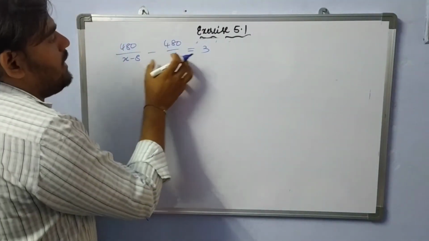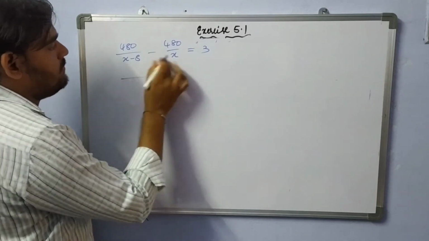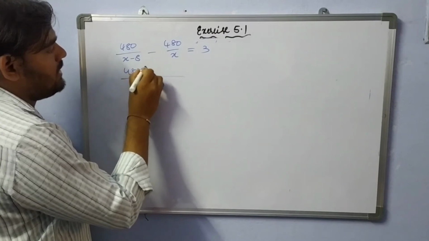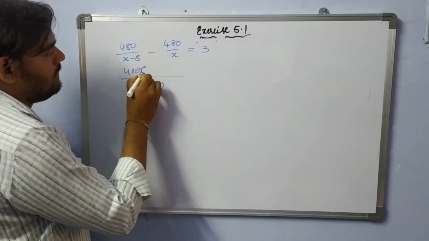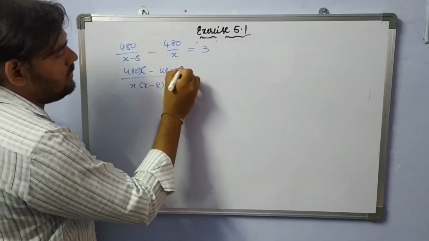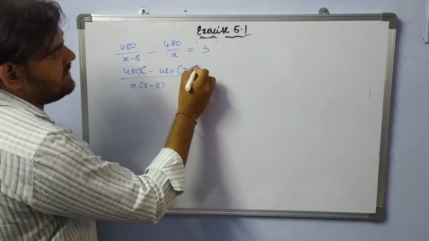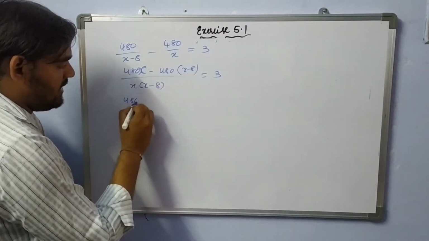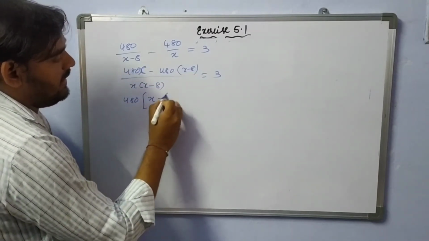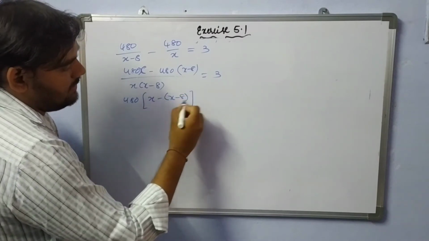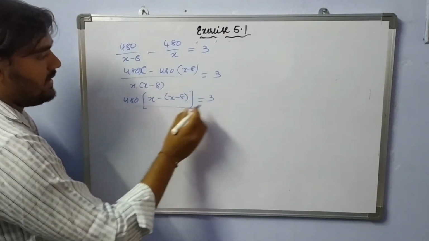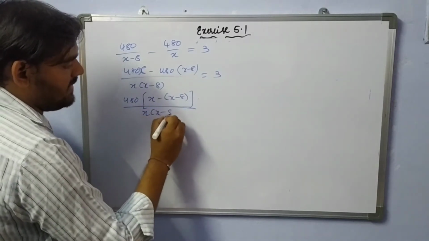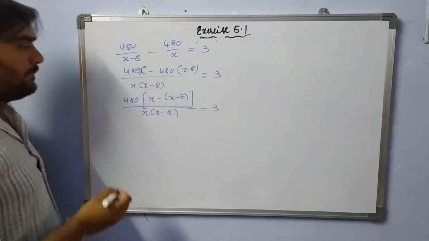So that is why T2 minus T1 is equal to 3. Take the LCM, x into x minus 8. Now 480 into x minus 480 into x minus 8 is equal to 3. From these two, if you take 480 common, x minus 8, divided by x into x minus 8 is equal to 3.